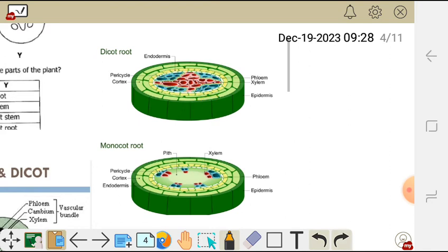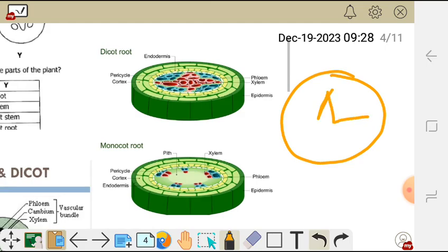We have a star inside there in a root, then that is a dicot root. And the phloem is going to be in those corners of the star.